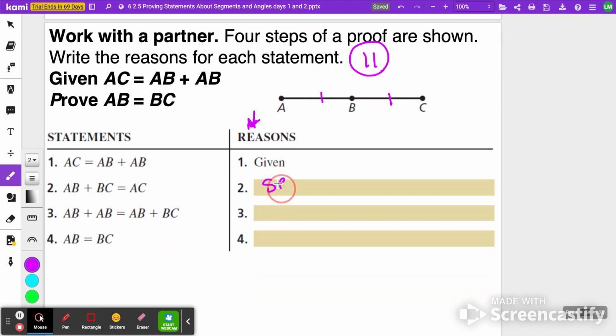That is the segment addition postulate, POST. Okay. If we know that, then AB plus AB is equal to AB plus BC.